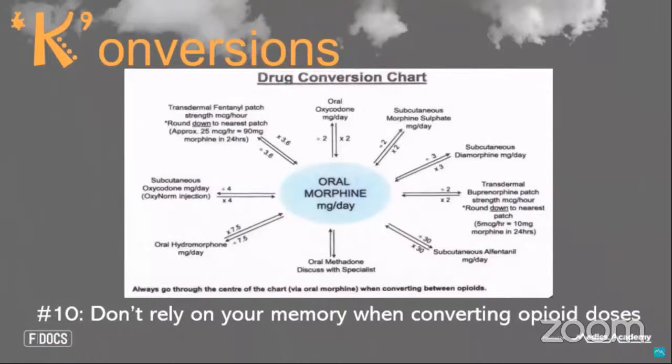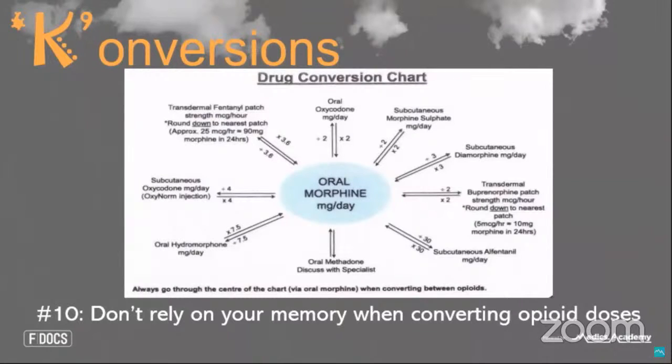Although I've got this table showing up on the slide, I'm not expecting anybody watching this evening to remember and take down all these numbers, because the main message I want to get across is that unless you're doing this day in, day out, and it's your job to prescribe opioids regularly, you're not going to be expected, and you shouldn't be expected, to remember all these conversions.